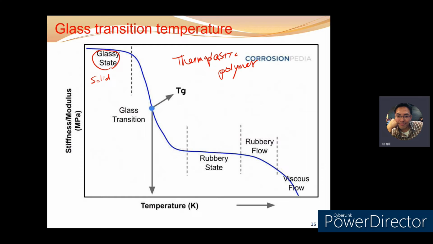Of course, its hardness is much smaller than metals and ceramics. When we keep increasing the temperature, its Young's modulus keeps decreasing. At a certain point, the modulus will drop substantially.